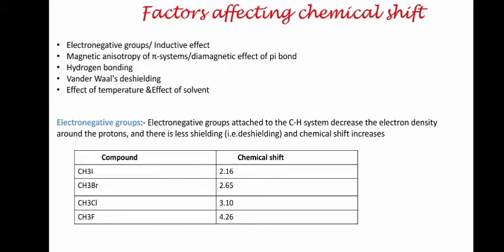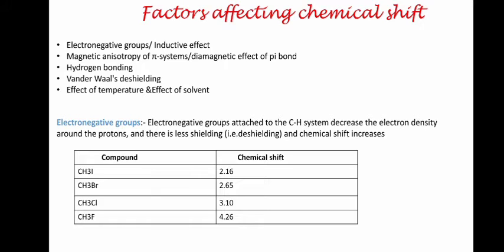Factors affecting chemical shift. Factors affecting are electronegative groups or inductive effect, magnetic anisotropy of pi system or diamagnetic effect of pi bond, hydrogen bonding, van der Waals deshielding, effect of temperature and effect of solvent.